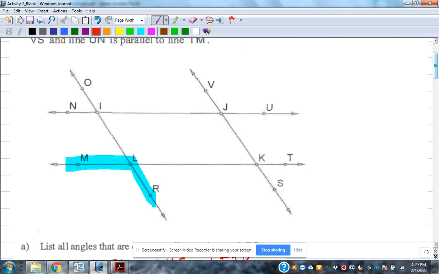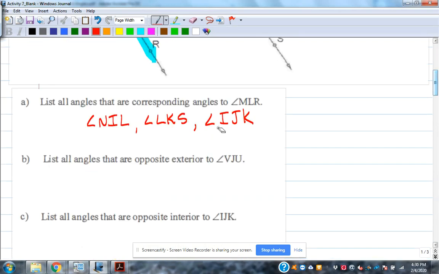Actually, I think IJK would be thrown out for the same reason as VJU is, that Katie was saying there, that it's a different transversal, so it can't be. You can only have one transversal at a time that you're talking about. So only NIL and LKS would be the only corresponding ones to this one.